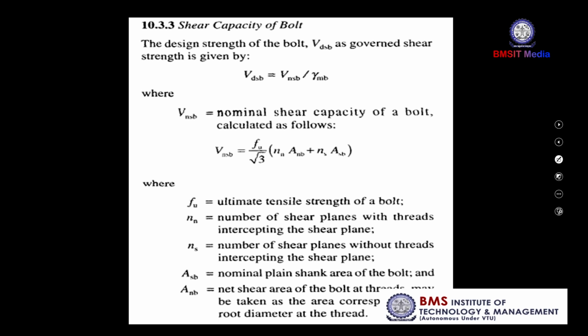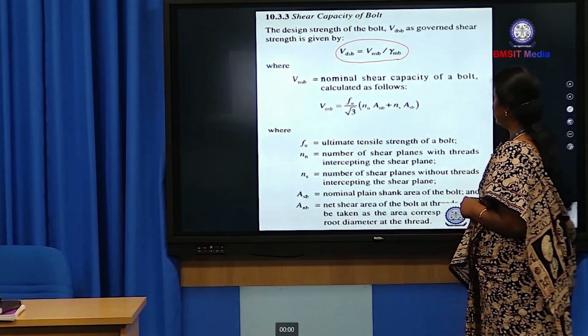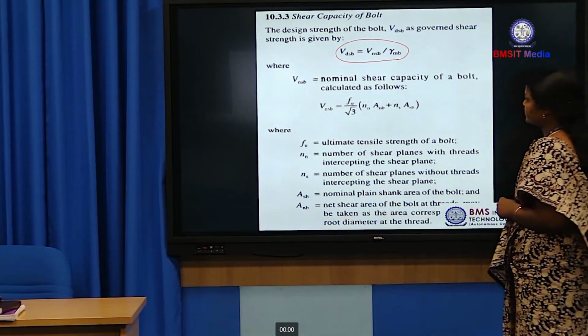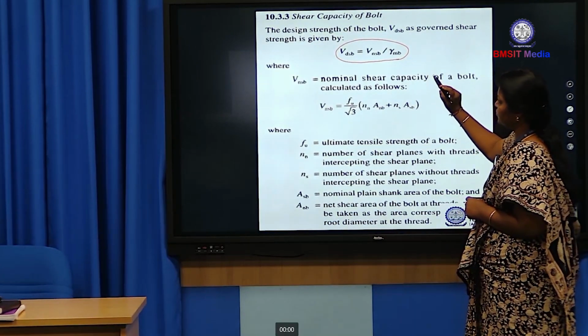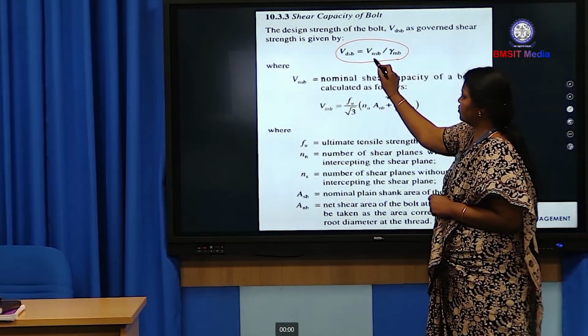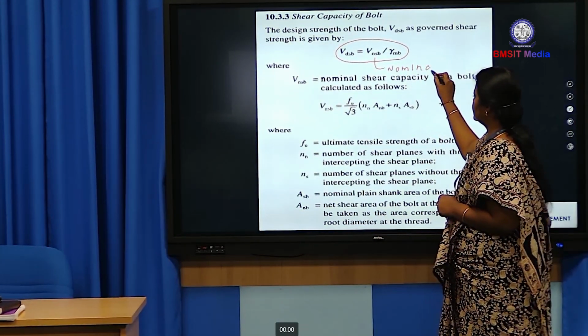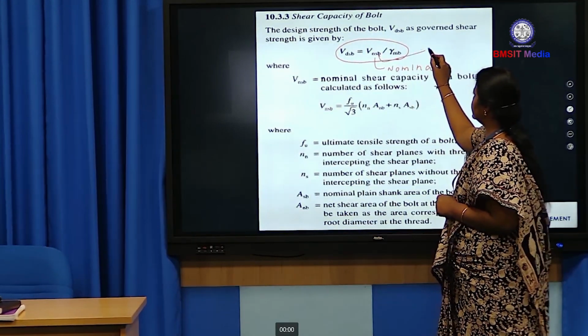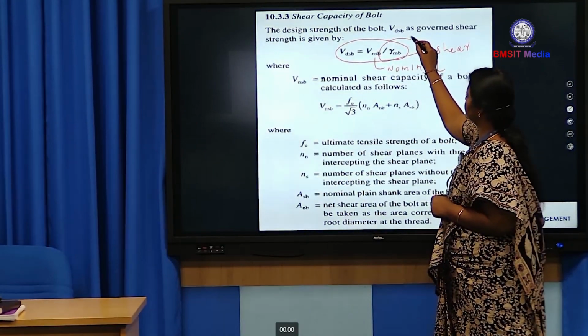This formula is also available in IS 800-2007, shear capacity of the bolt. The formula is VDSB equal to VNSB divided by gamma MB. What is this VNSB? VNSB equal to nominal shear strength of the bolt. N means nominal, S means shear, and B means bolt.